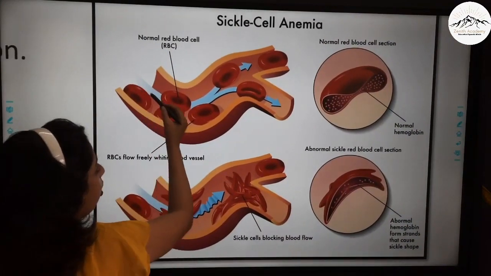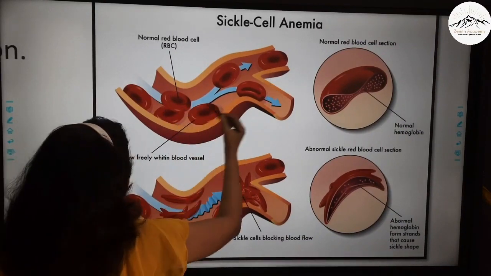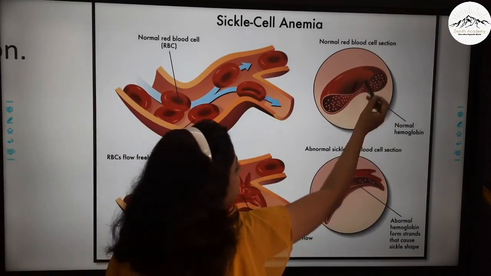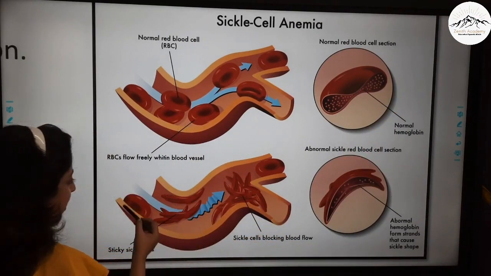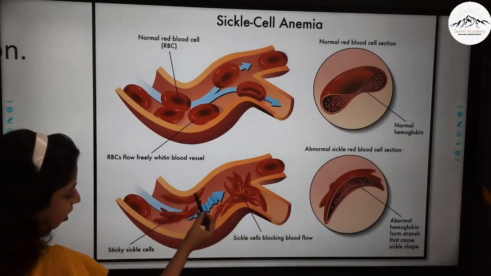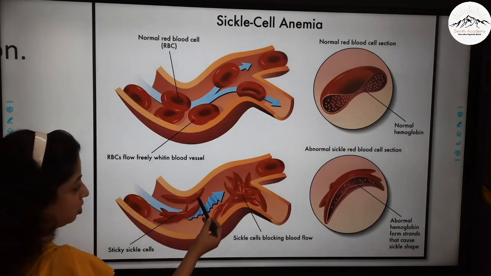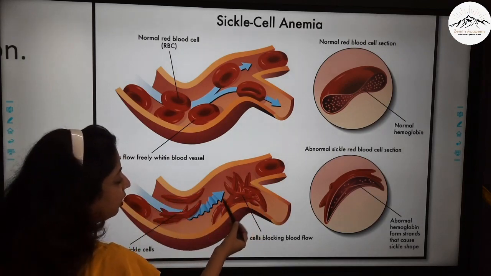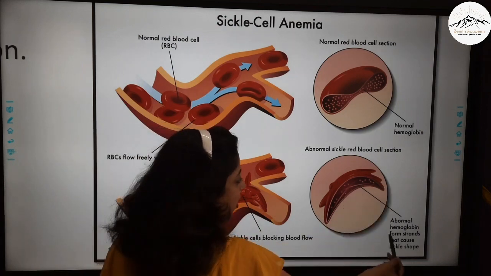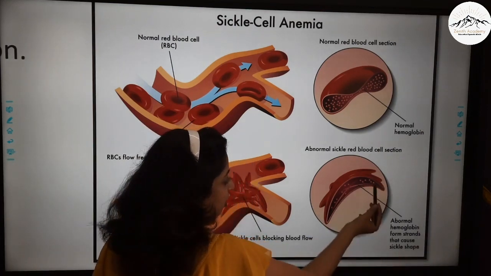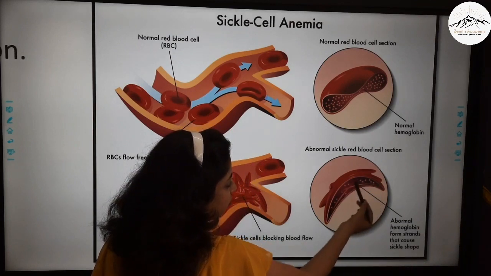These are the normal red blood cells flowing through the capillaries, and if you see the normal hemoglobin, the cross section is like this, but these are the sickle cell shaped RBCs. They tend to block the blood flow, and also when you see inside, they form strands.